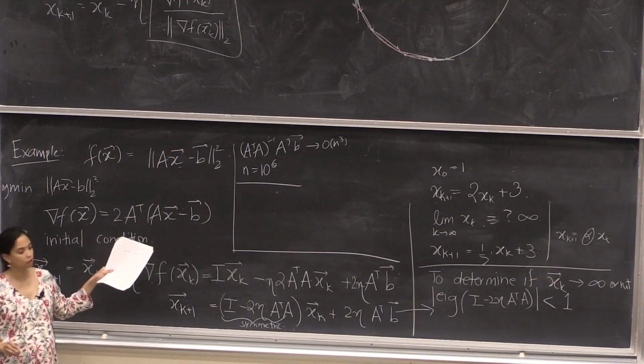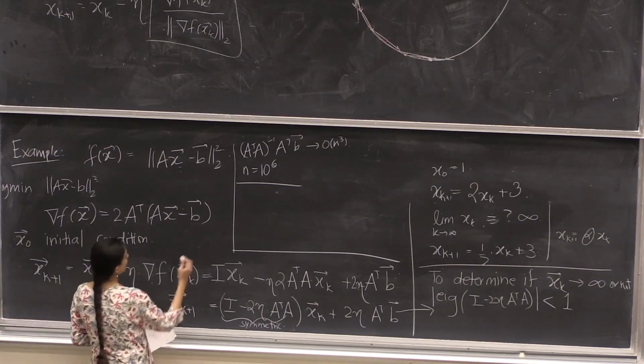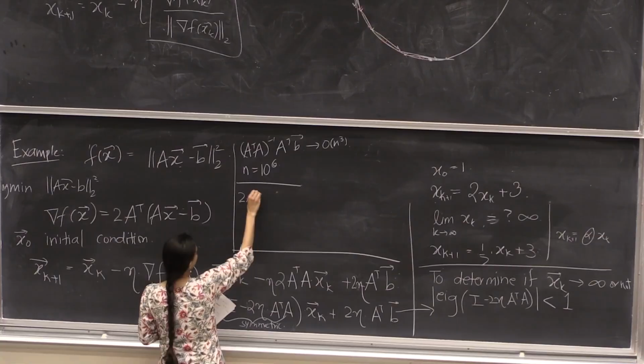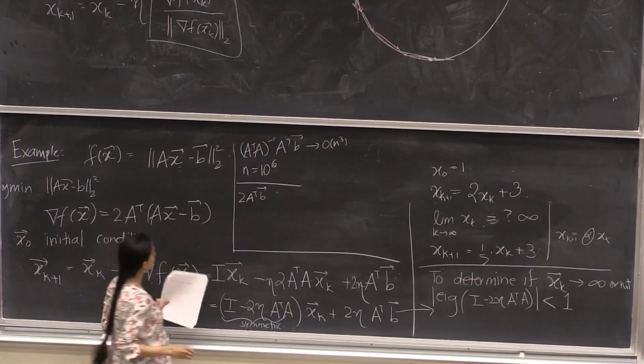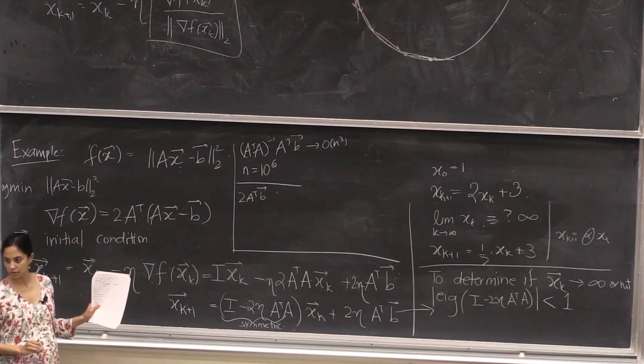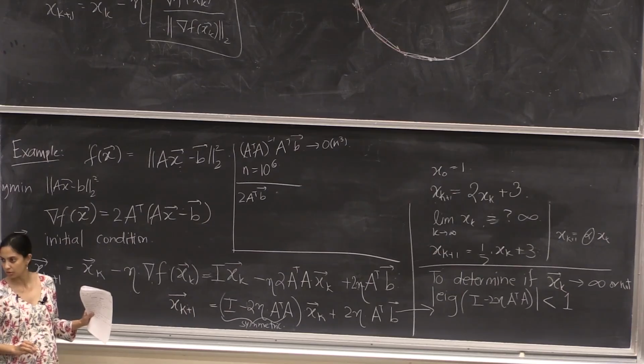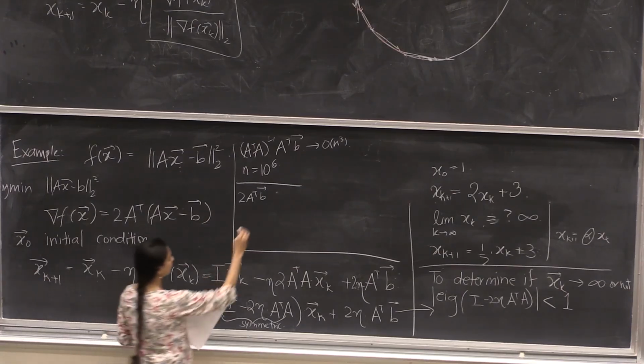To compute this gradient, what are the operations I have to do? Well, I can compute 2A transpose B, and that's quick to compute. This is just a matrix multiply. This is an order n operation, n squared maybe.